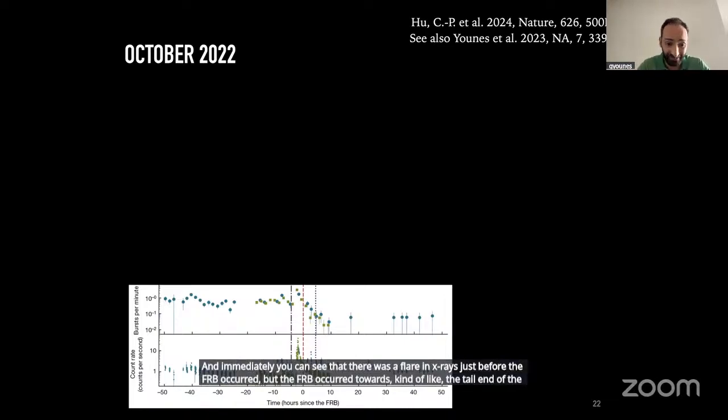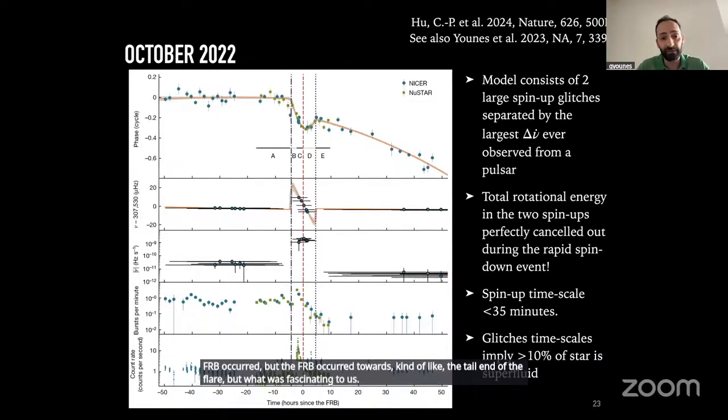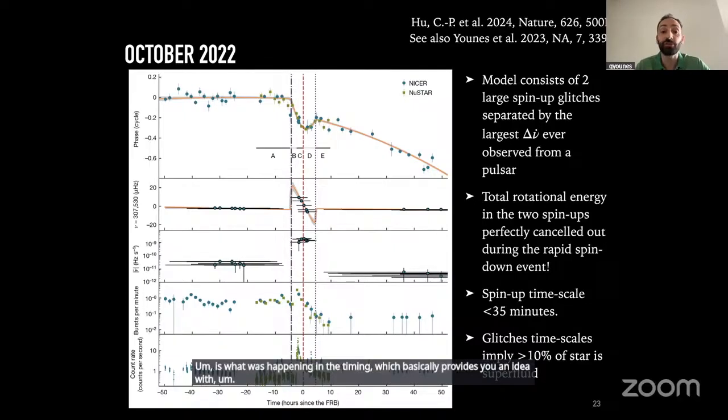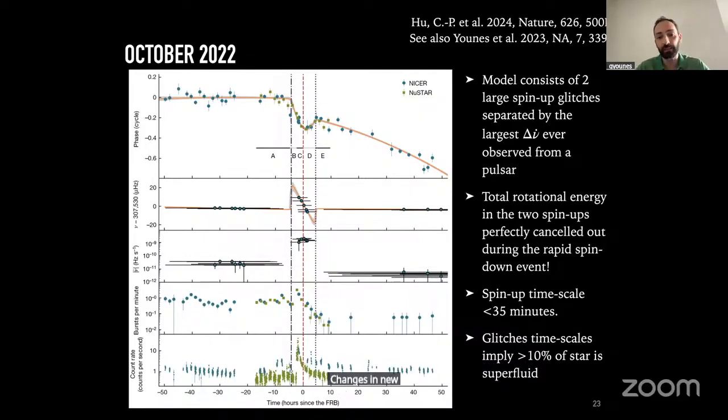But what was fascinating to us is what was happening in the timing, which basically provides you an idea of the internal but also the external dynamics of the source. So we believe that changes in nu dot are related to how much wind is escaping the star, and that relates to how many open field lines you have. So that would be the third panel that you're looking at there.